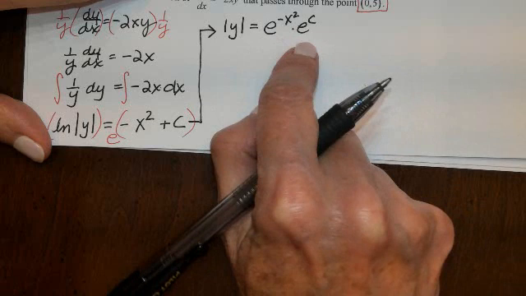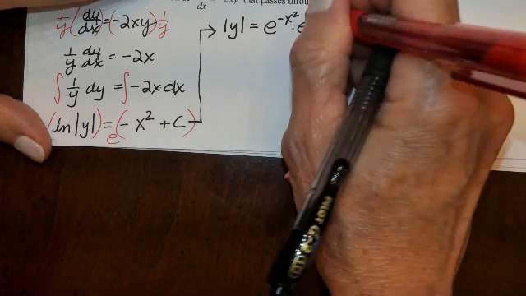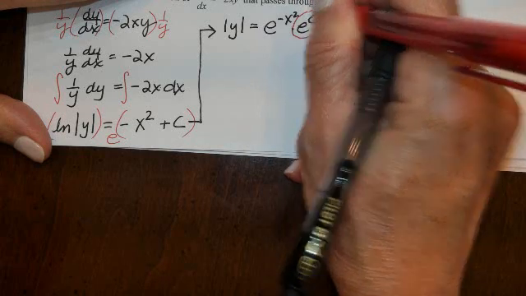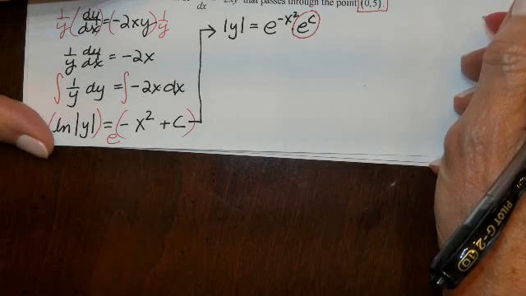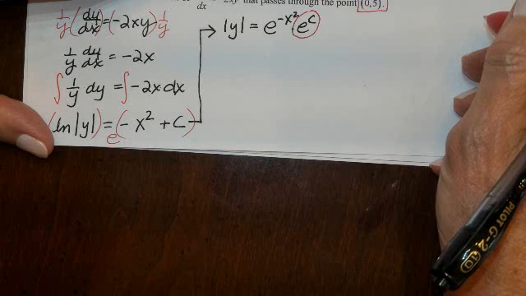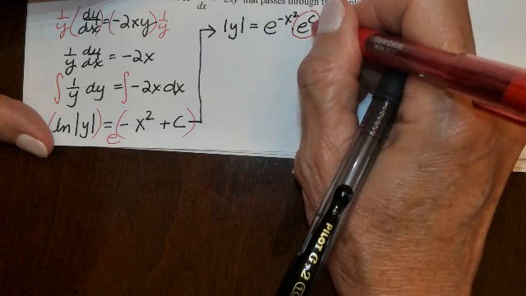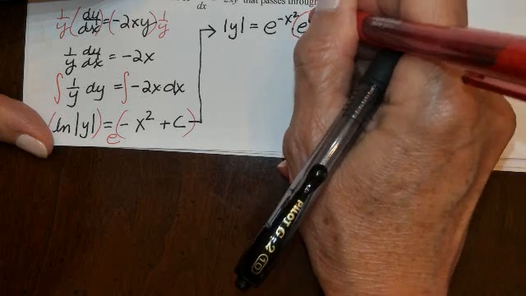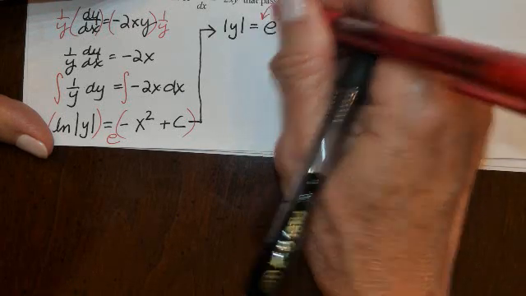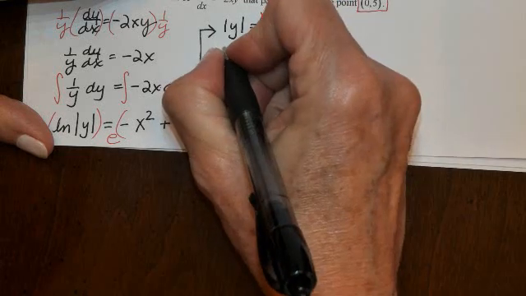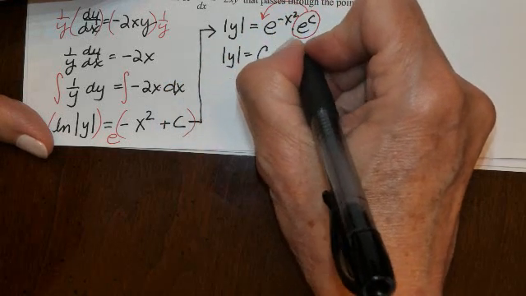Now, this e to the c, c is a constant, so what is e to the c power? Just another constant. So I'm going to call that c for a constant, and I'm going to pull it out in front. So I have the absolute value of y is equal to c e to the negative x squared.